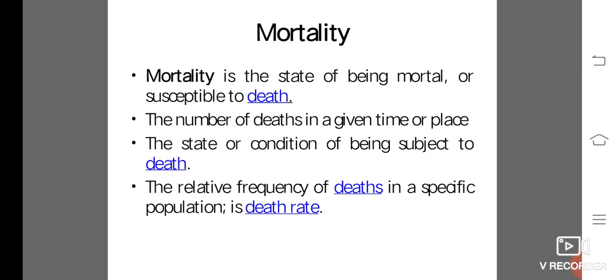I repeat, mortality rate or death rate is a measure of the number of deaths, in general or due to a specific cause in a particular population, scaled to the size of that population per unit of time.